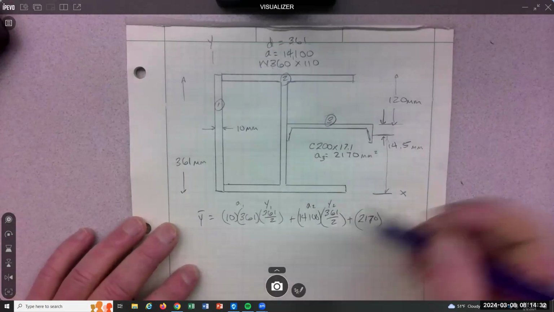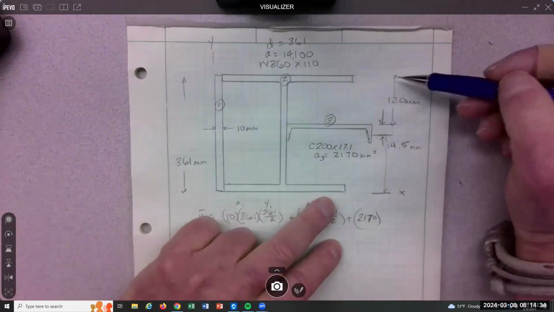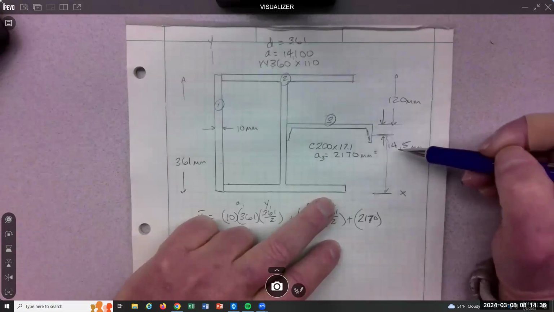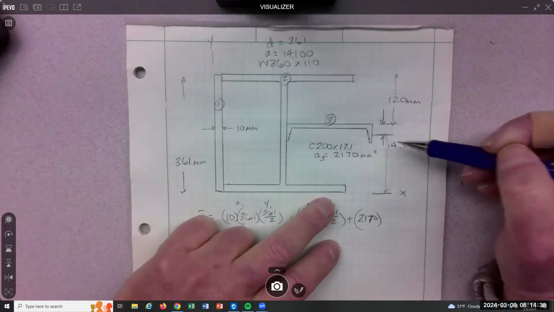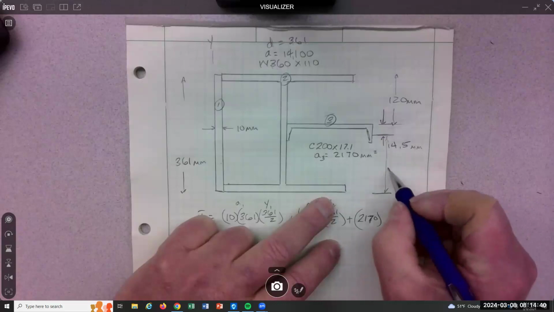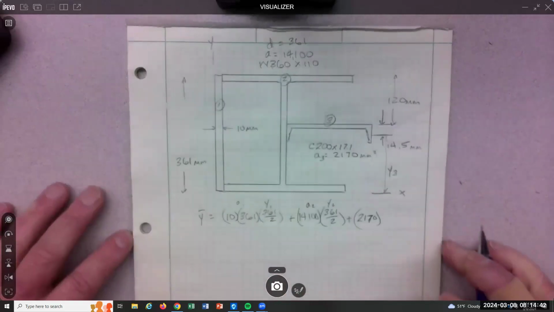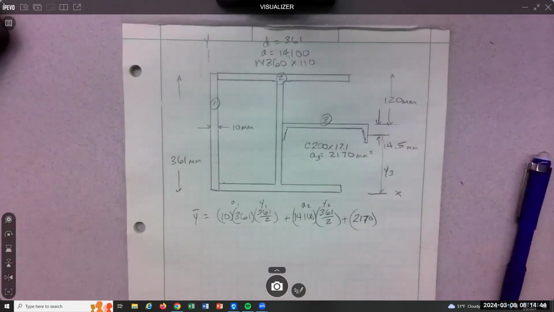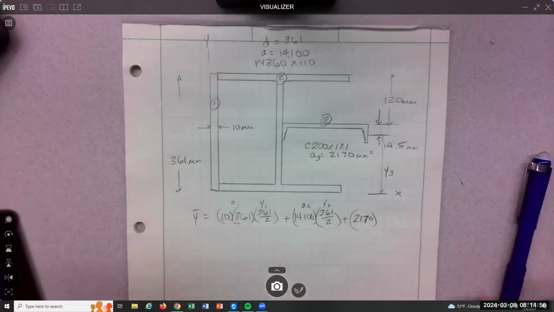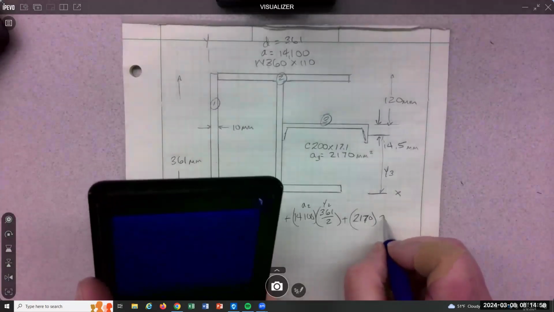So again, I'd probably go all the way to the top, subtract the 120, subtract the 14.5, and then I have my Y3. So all the way to the top is 361. Come down 120, and then come down 14.5. 226.5.